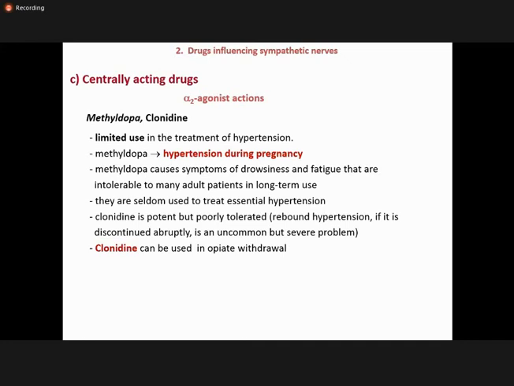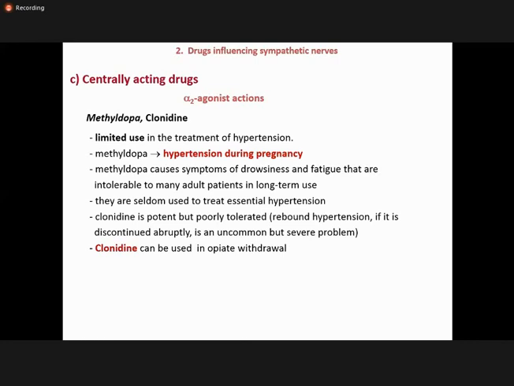Right? So methyldopa is used for hypertension during pregnancy. Methyldopa causes symptoms of drowsiness and fatigue that are intolerable to many adults in long-term use, so they are seldom used to treat essential hypertension. Now, this is an important point. Clonidine is potent but poorly tolerated, because if we use clonidine to control blood pressure, it may cause rebound hypertension if we suddenly withdraw the treatment.